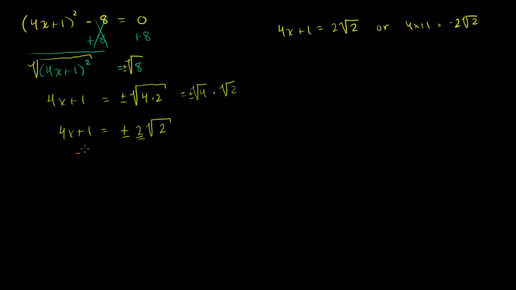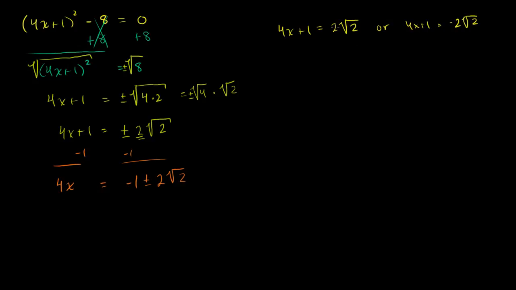So if I subtract 1 from both sides of this equation, what do I have? On the left-hand side, I'm just left with 4x. On the right-hand side, you could compute these if you had a calculator, but I'll just leave it as negative 1 plus or minus 2 times the square root of 2. That's what 4x is equal to.